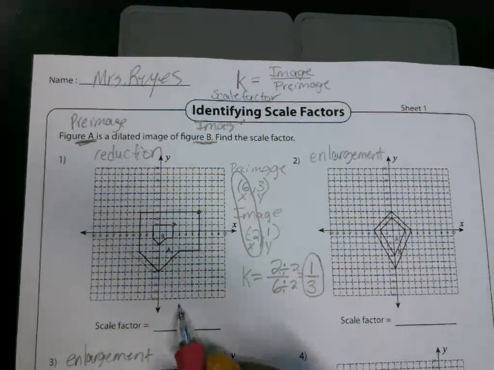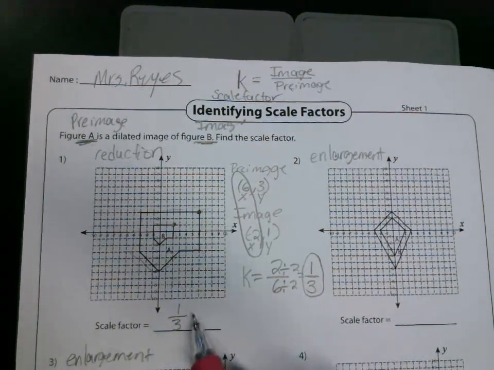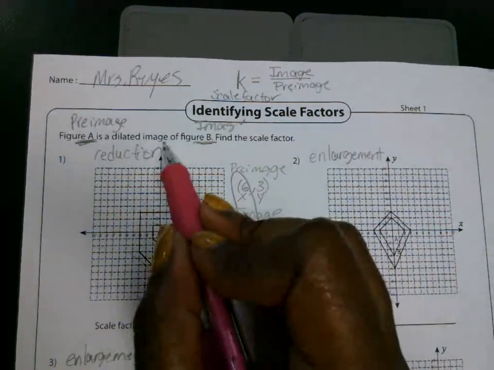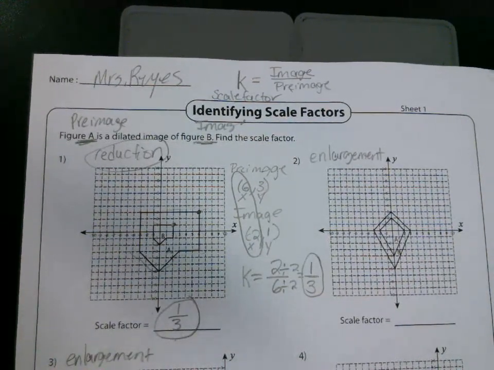So K is 1/3. Because it's a reduction, the number has to be smaller than 1 anyway. Please write this down.